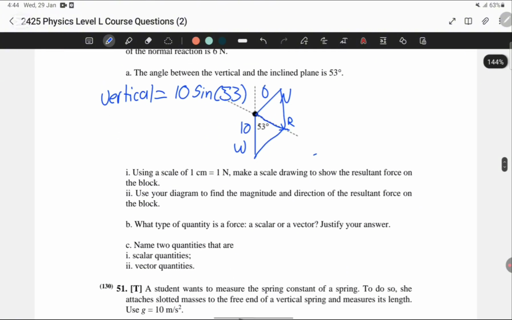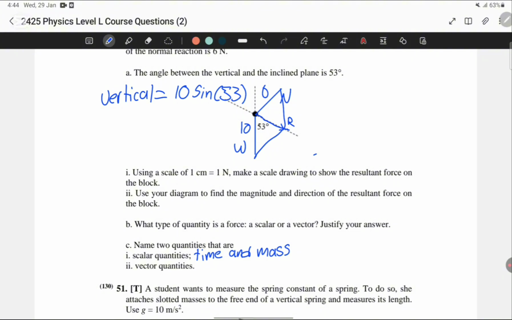And we found the magnitude and direction of the force on the block here. We drew it already. Now name 2 scalar quantities. Okay, for scalar quantities, one of which is time and mass. It's really simple.